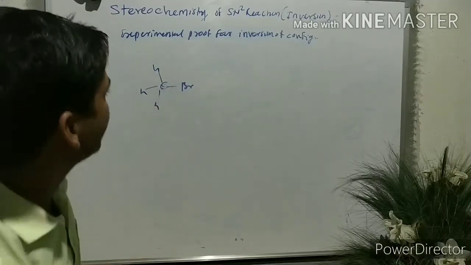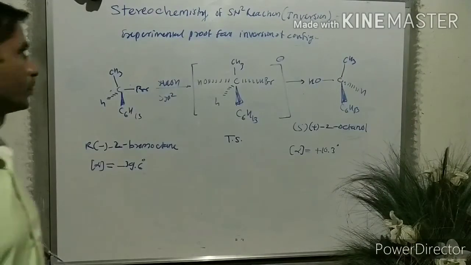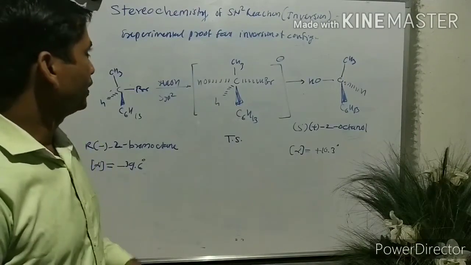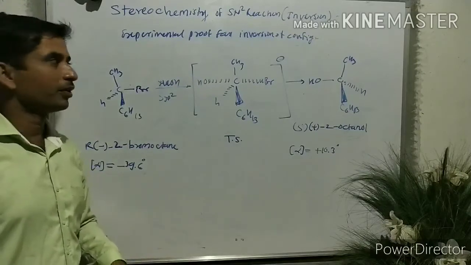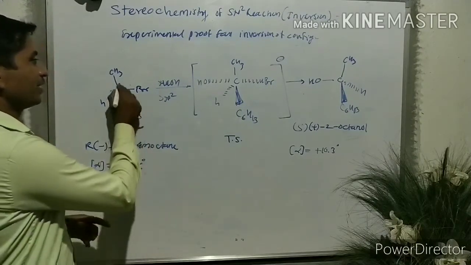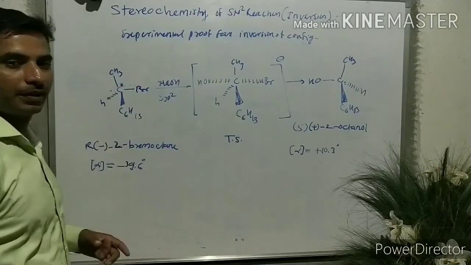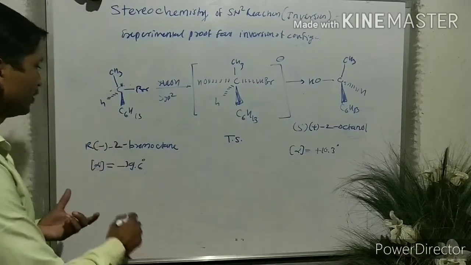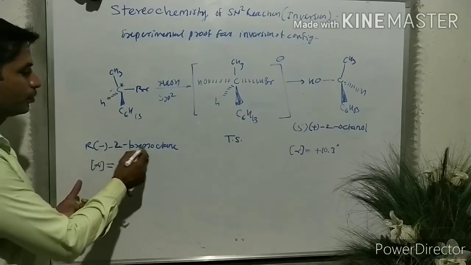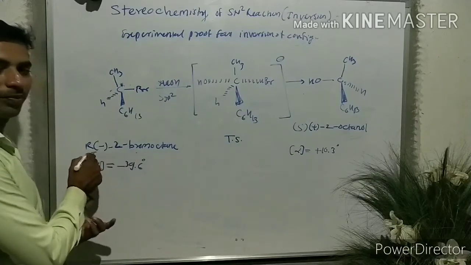So let's take an example. Let's say experimental proof for the inversion of configuration. For that purpose, we have to consider the chiral center carbon in the molecule. Let's take the example of 2-bromooctane, which has an R configuration.